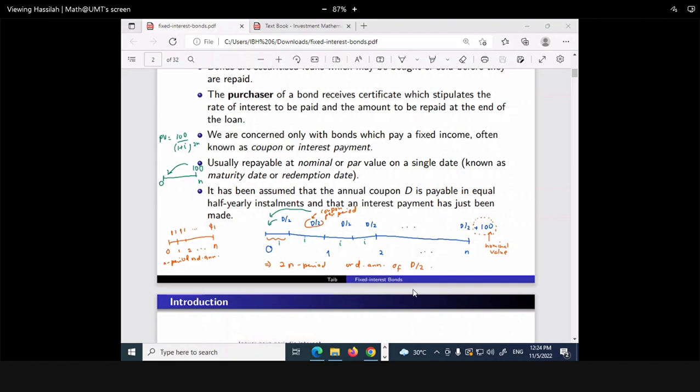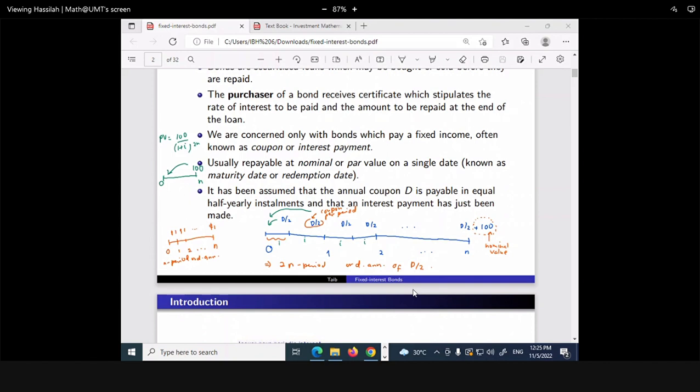Okay, instrumen hutang. Jadi siapa yang keluarkan bond tu, dia sebenarnya nak berhutang kepada kita investor. Jadi kita invest, maksudnya kita beri hutang kepada issuer of the bond. Okay, jadi kita akan dapat kupon tersebut sebagai satu bentuk faedah yang diterima hasil daripada pelaburan kita, iaitu memberi hutang kepada issuer of the bond.